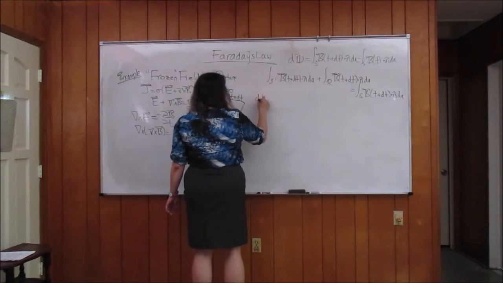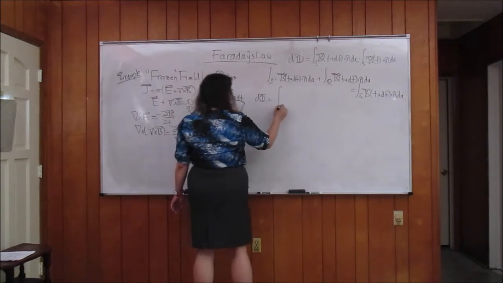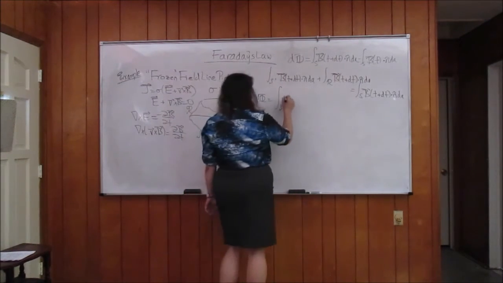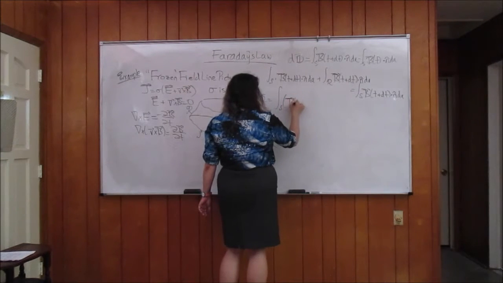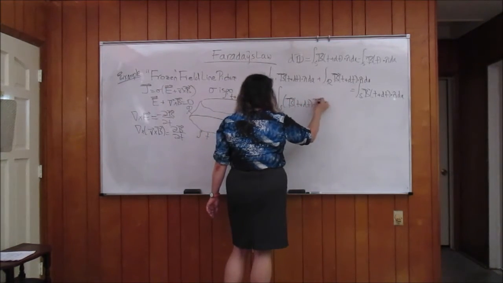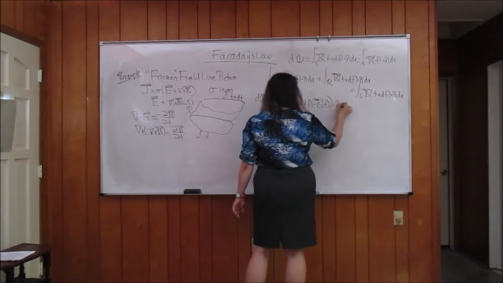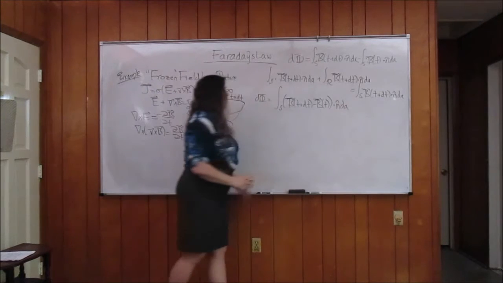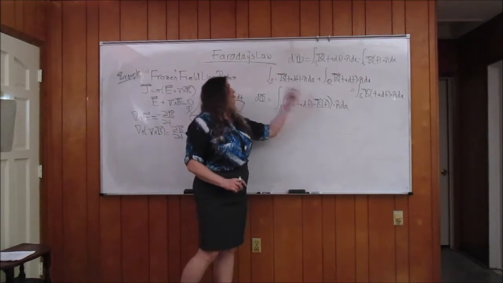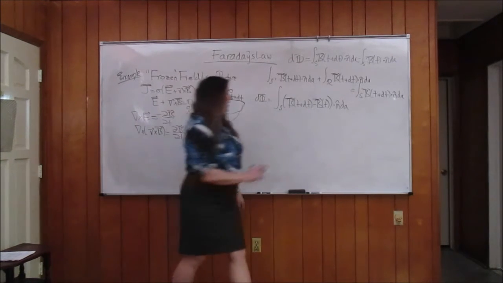So we have d phi is equal to the surface integral over surface S of the magnetic field evaluated at time t plus dt minus the magnetic field evaluated at time t.